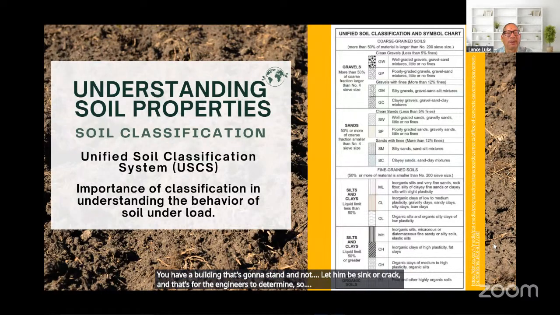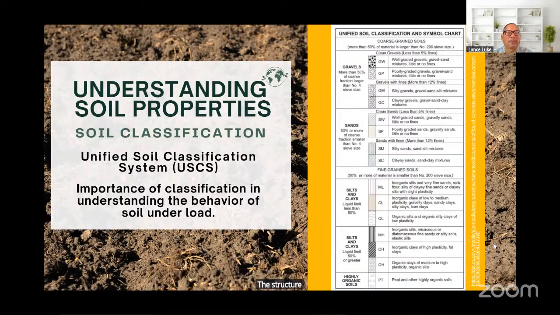The two types of engineers involved in foundation design and investigation would be the soil engineer or geotechnical engineer, and the structural engineer. The structural engineer would look at the soil report and design the foundation of the building accordingly.